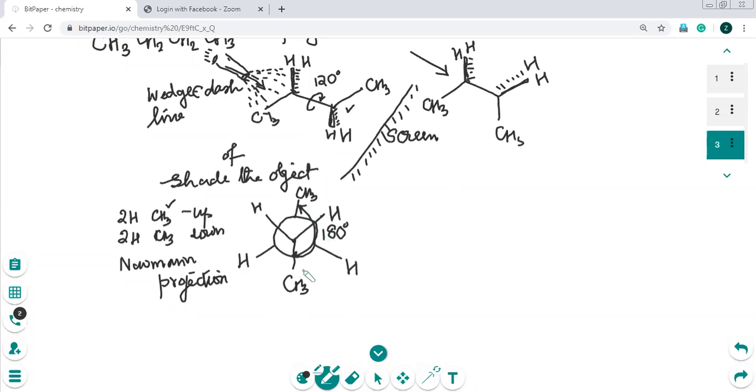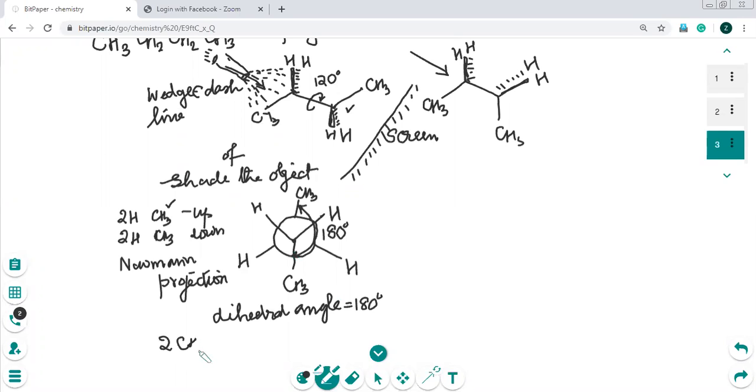The angle between the two CH3 groups is 180, and that is what is called a dihedral angle. We are going to study this again. Dihedral angle equal to 180. So the two CH3 groups are maximum away from each other.